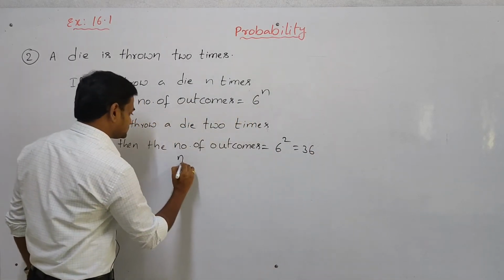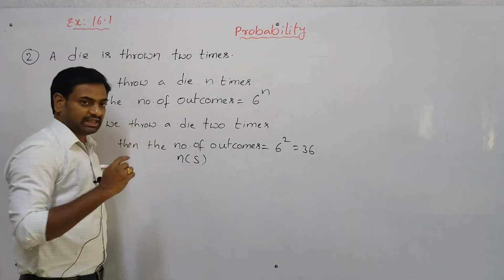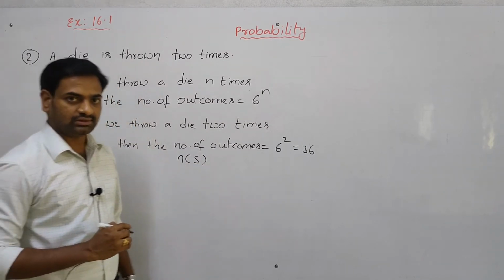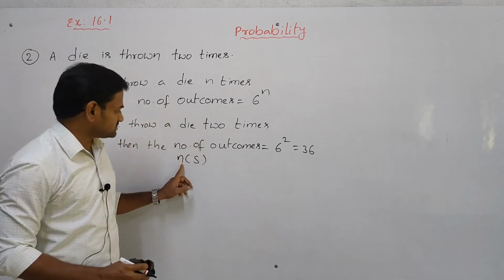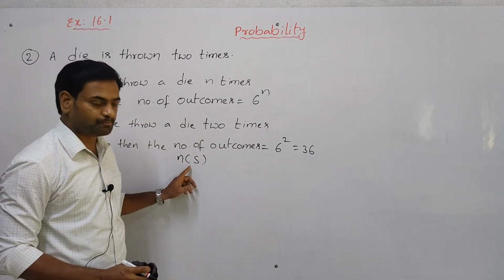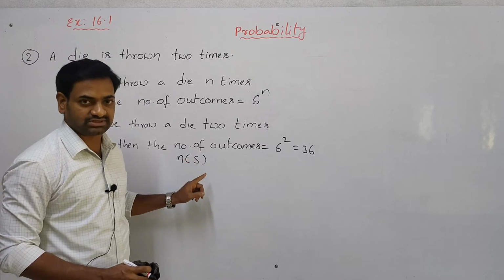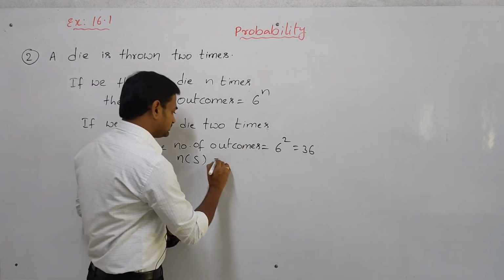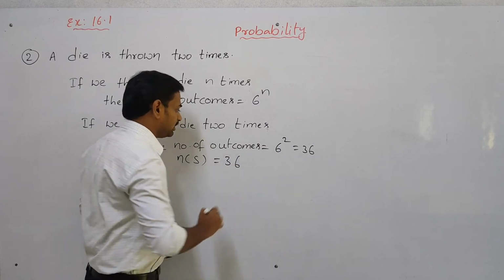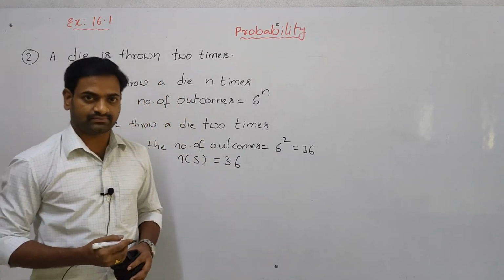So n(S), the number of elements in the sample space. Here n means number of elements, and S means sample space. The number of elements in the sample space is 36. Now what are the 36?